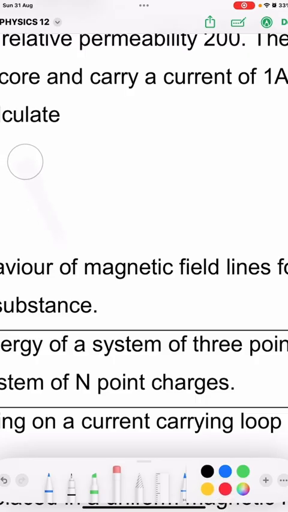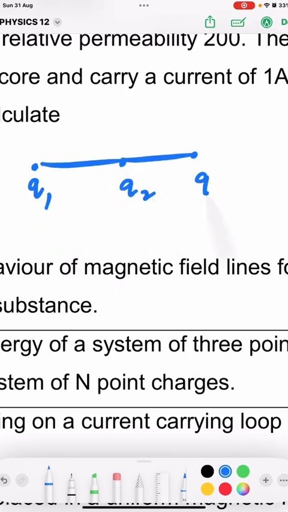3 charges, for instance, this is Q1, this is Q2 and this is Q3. Now let us talk about the force on the extreme one, that is Q3. So force on this Q3 by Q1: Q1 will repel it. So force on 3 by 1. And Q2, if Q2 is positive, then Q2 will also repel it.